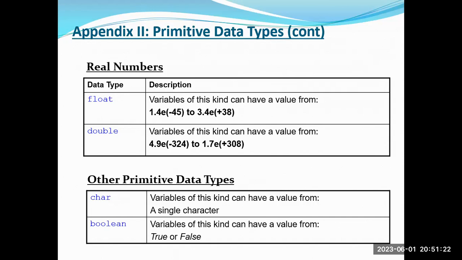And one thing you should keep in mind is that for float and double, the part before the decimal point can be big. You can store a billion, a zillion before the decimal point.